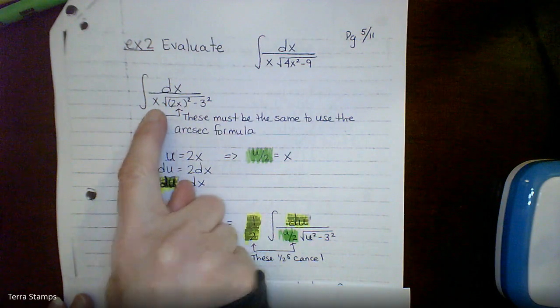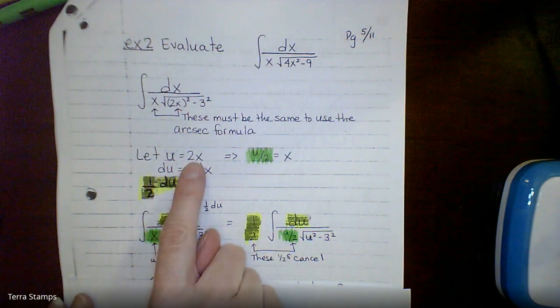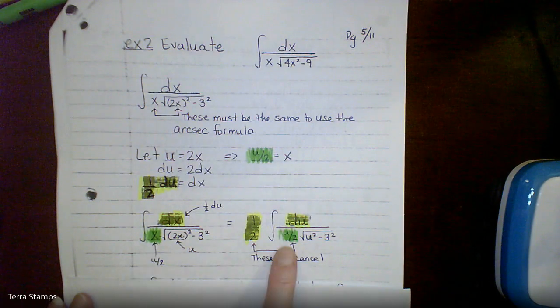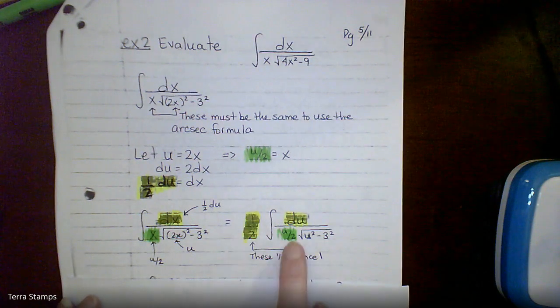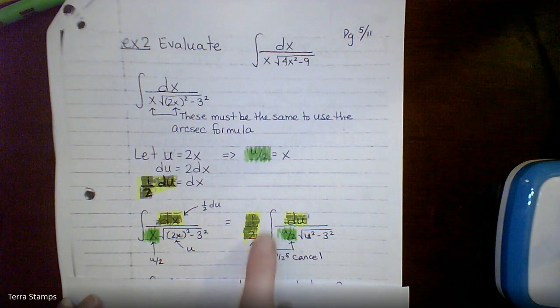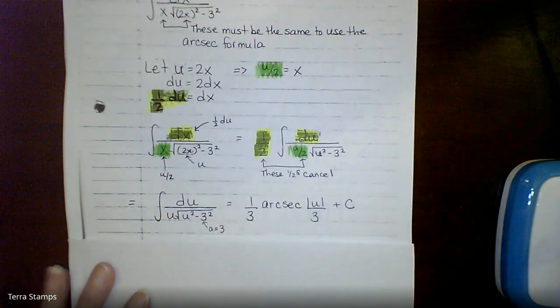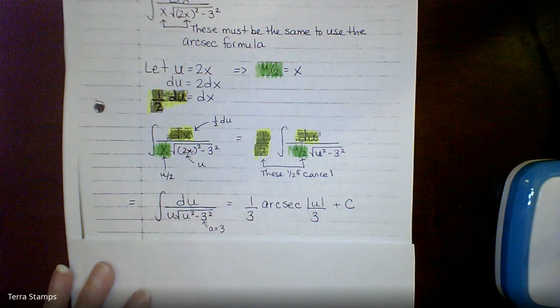This x out here was my problem, but what I did was take this and solve it for x by dividing both sides by 2, so I could replace that with u over 2. Now what that does, here I get a 1/2, and then here I've got another 1/2, but because it's on the bottom of that fraction, this is essentially yellow 1/2 divided by green 1/2, and those 1/2s cancel. That ends up being pretty awesome because then I get something so much nicer, so much arcsecanty.